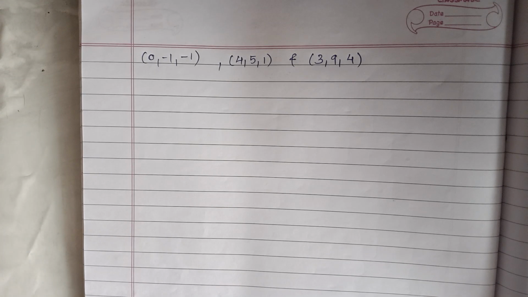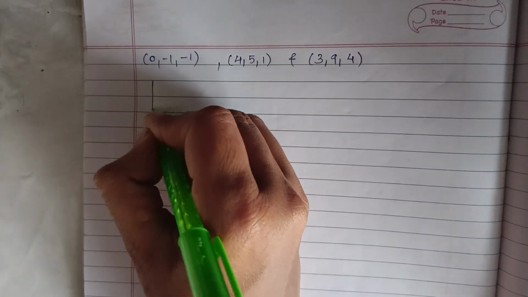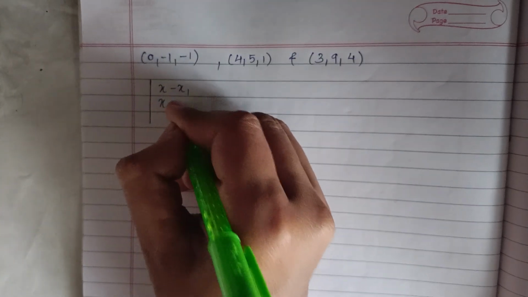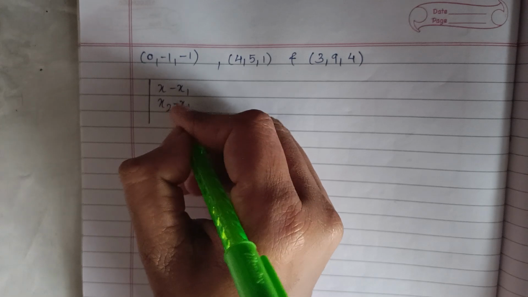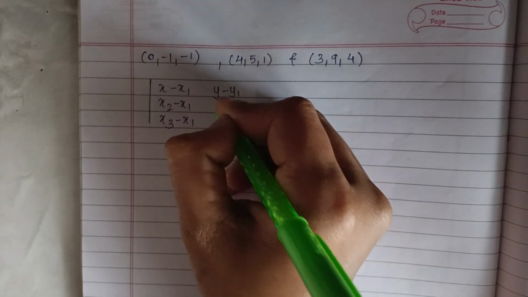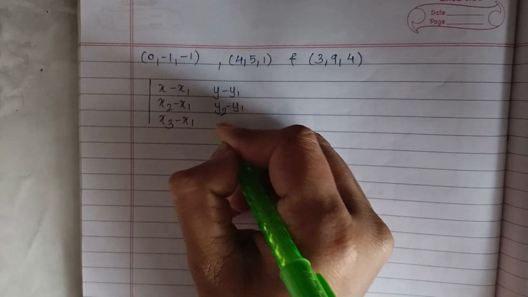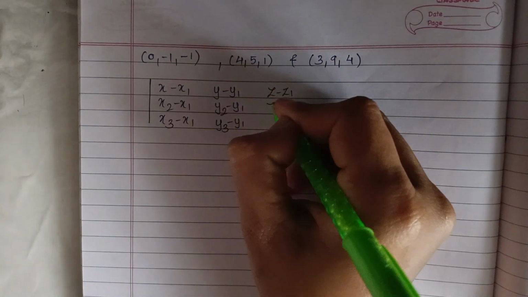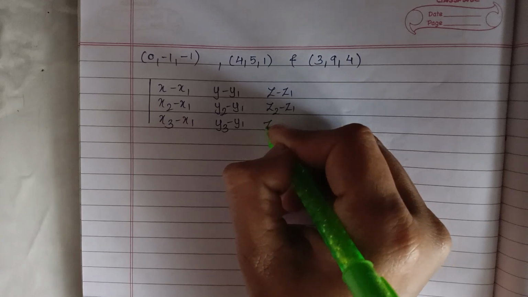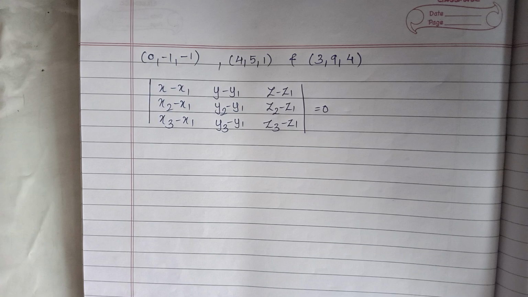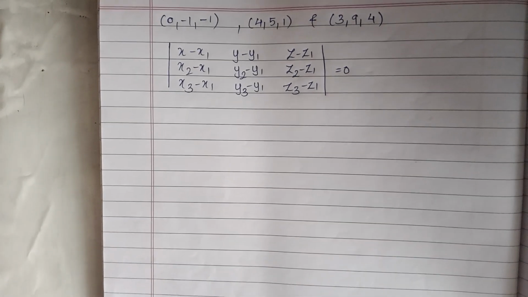The equation by formula is x1 x2 minus x1 x3 minus x1. Okay.